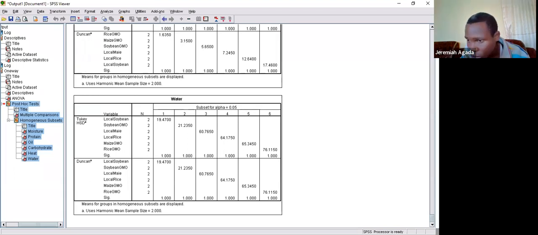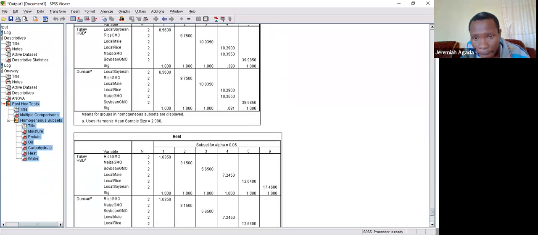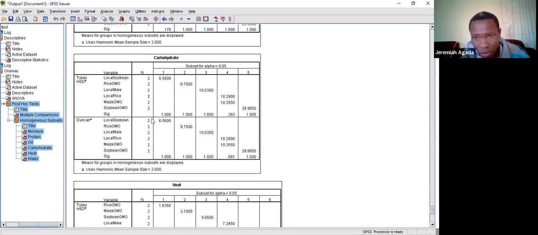Oh, all of them are not overlapping. Okay, just accept this one in this case where you have A, B, B, C, C, sorry, C, D, and E. Do we understand what I'm saying here?